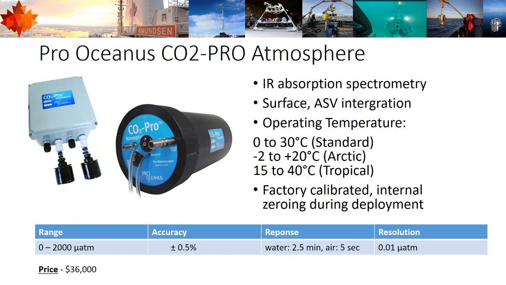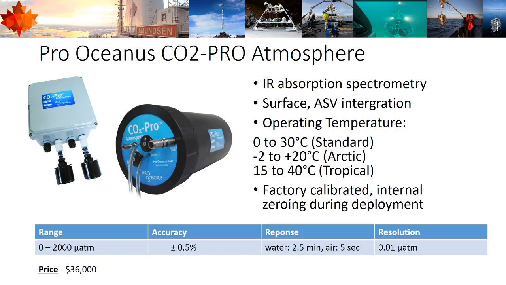One more thing I wanted to touch on. This is the last sensor package. This is from Proceenus, the CO2 Pro Atmosphere. So this is, again, reliant on that infrared absorption spectrometry method, but this is specifically built for surface buoy deployments or autonomous surface vehicle integration.